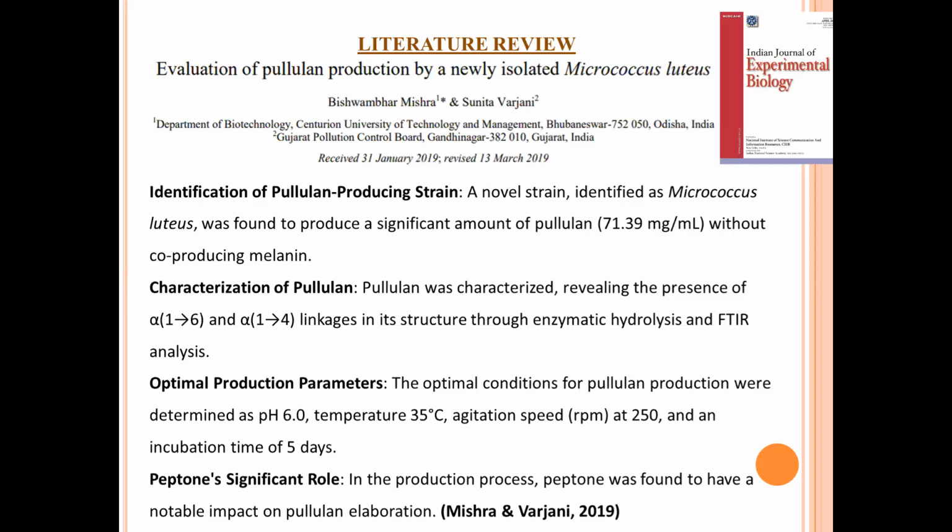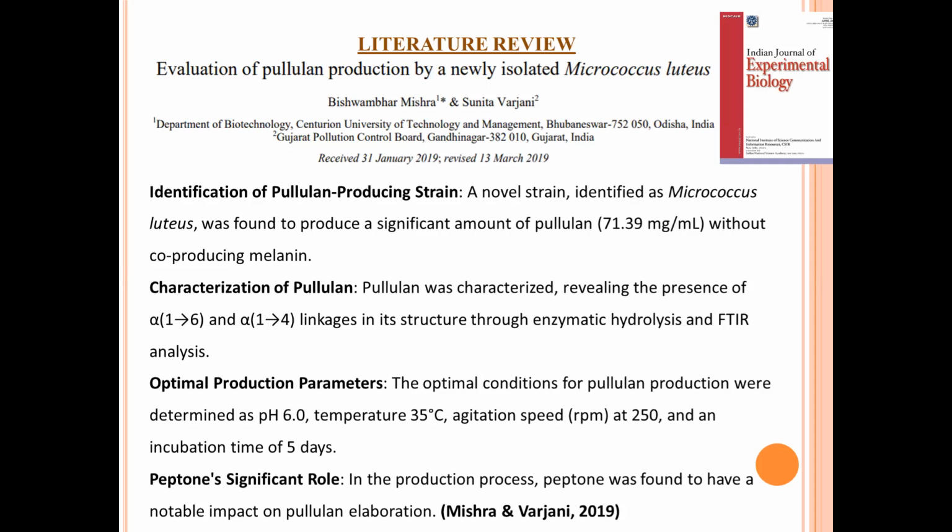So coming to the literature review, this paper talks about the production of a biopolymer called pullulan from a novel microbial strain called Micrococcus luteus. And after the characterization, it revealed the presence of alpha 1 to 6 and alpha 1 to 4 linkages in its structure through FTIR and enzymatic hydrolysis analysis.